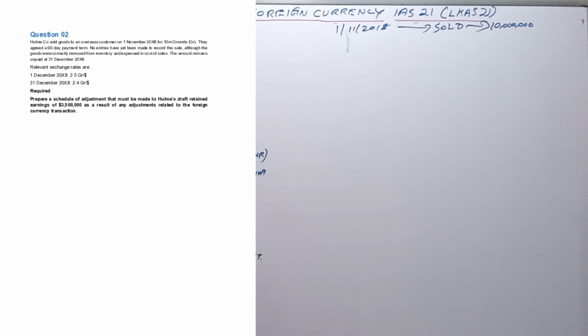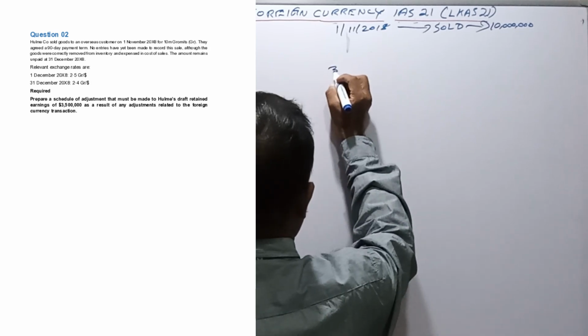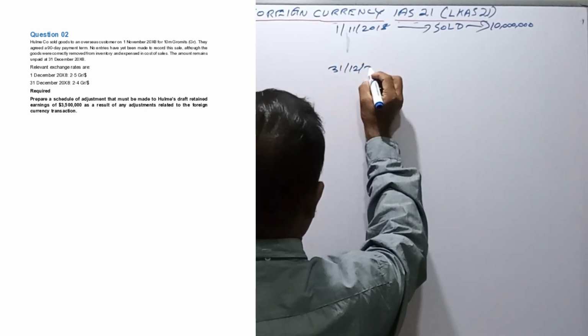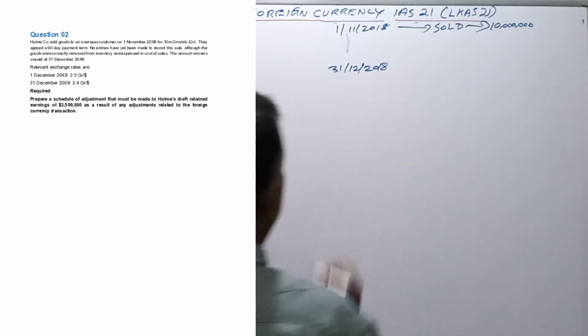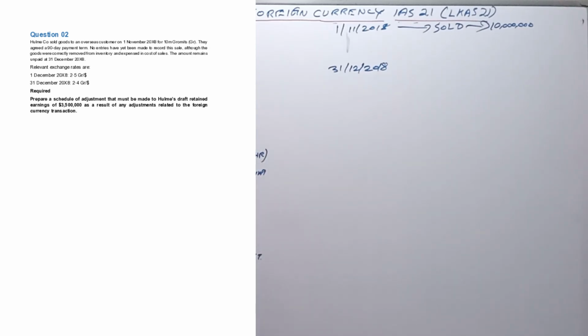They agreed a 90 days payment term. No entries have yet been made to record this sale, although the goods were correctly removed from the inventory and expensed in the cost of sales. The amount remains unpaid at 31st December 2018.